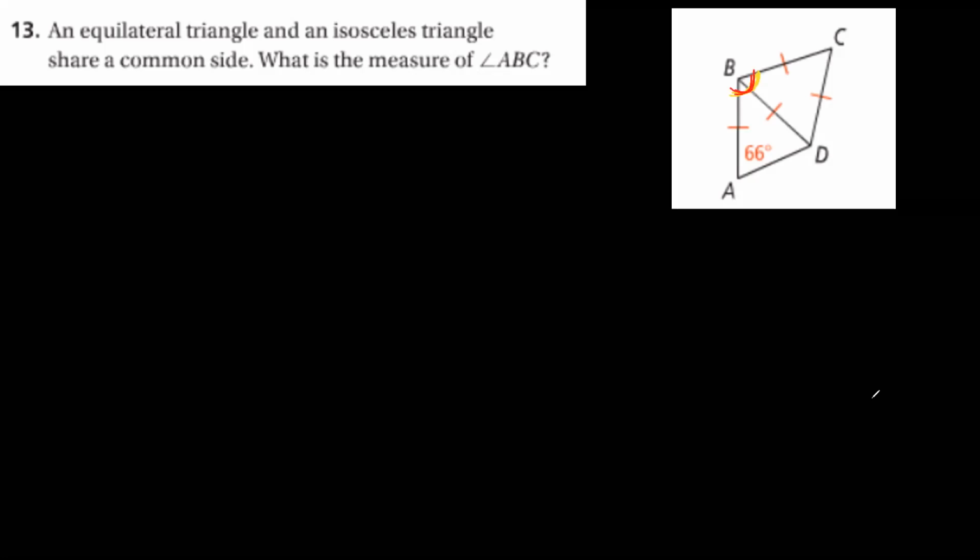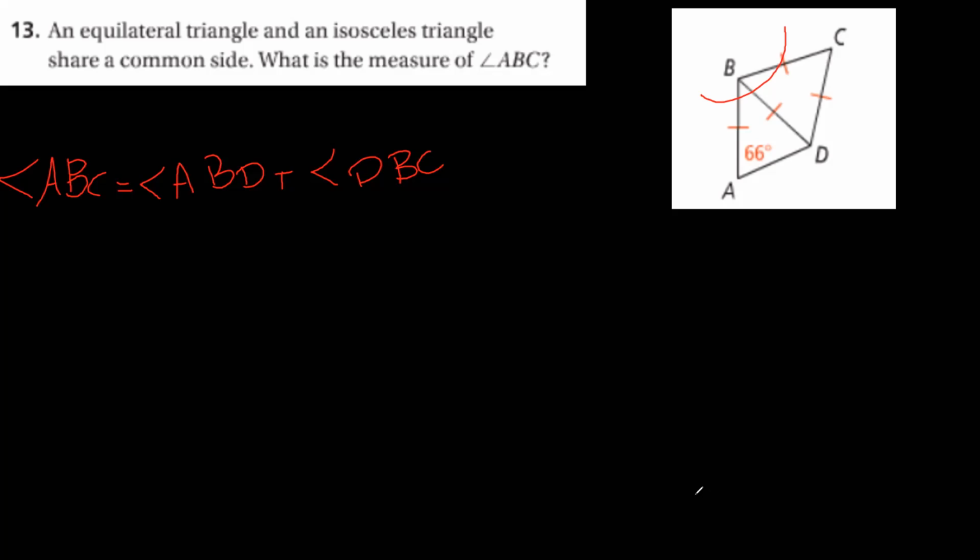Now the angle ABC is the angle ABD plus the angle DBC. Is it right? I mean that this big angle here contains two interior angles, ABD and DBC.